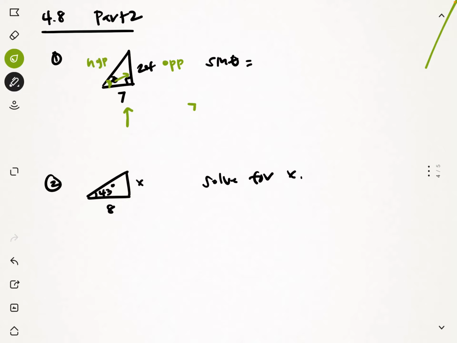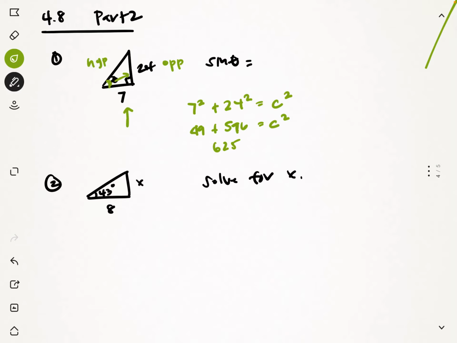So what we're going to have to do is solve this for the hypotenuse. So we're going to say 7 squared plus 24 squared equals the hypotenuse squared. We're going to use the Pythagorean theorem first to find the missing side so we can fill in our sine. 7 squared, 49. 24 squared is 576, sorry.